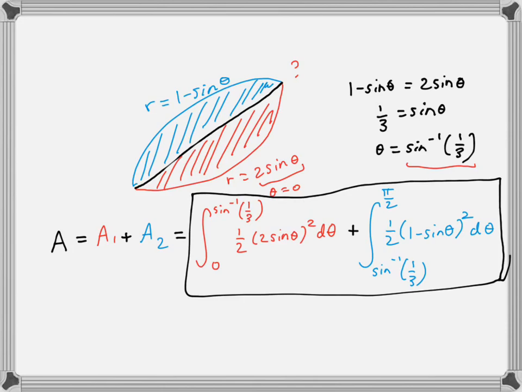Now, the last concept we're going to talk about with polar coordinates is arc length. You guys remember arc length. When we first learned it, we knew it was equal to the integral of ds, right?